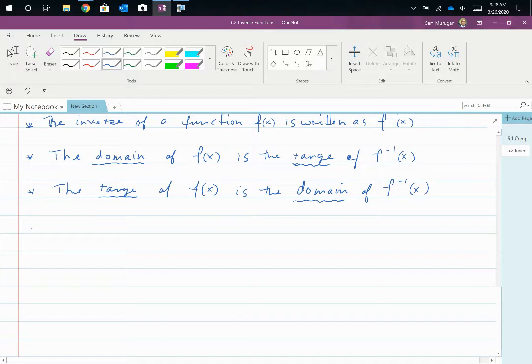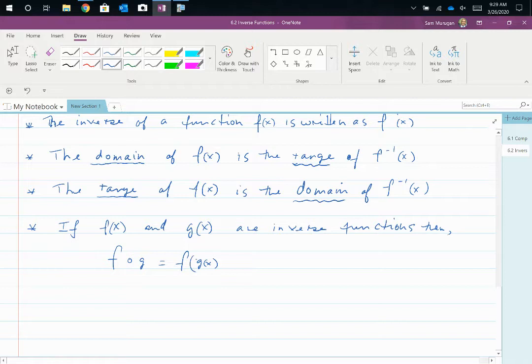All right, now a couple of other properties. If f of x and g of x are inverse functions, then, and we're going back to what we learned about composition of functions now, f composed of g, which is the f function substituted with the g function, must equal x, and g of f, g substituted with the f function, must equal x.